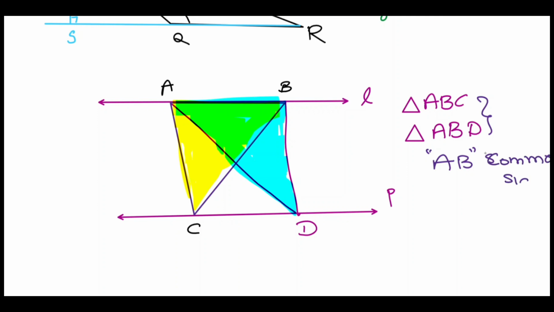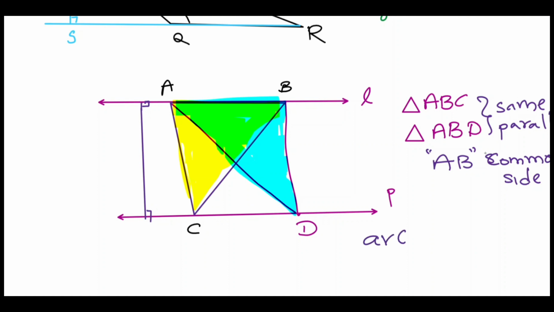And these two triangles, ABC triangle and ABD triangle, lie between the same parallel lines. Then we know that the distance between the parallel lines is always constant. So base is same, height is same. Then area of the triangles is also same.